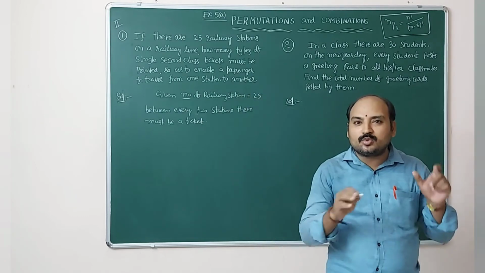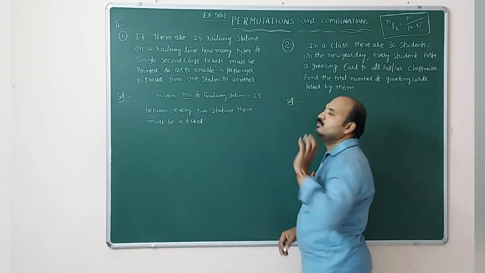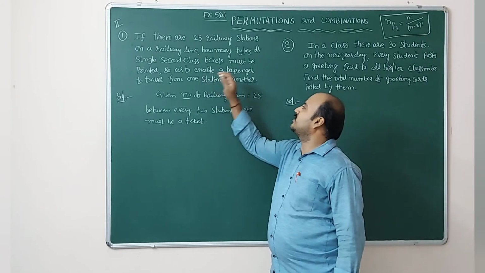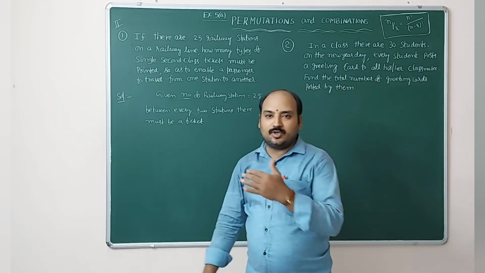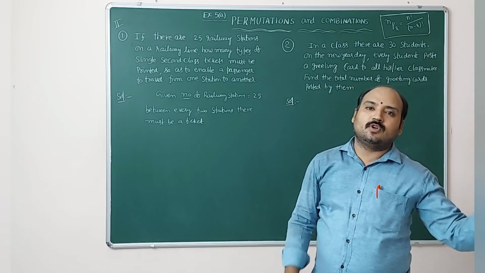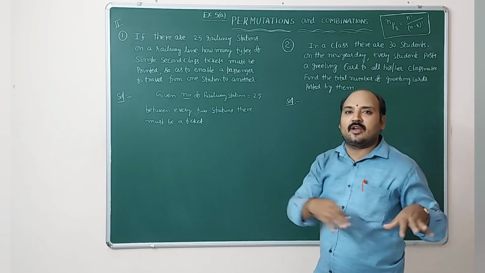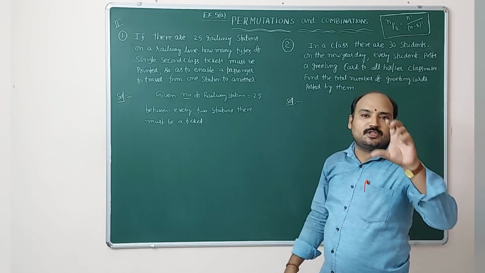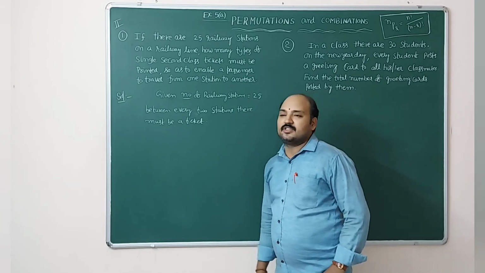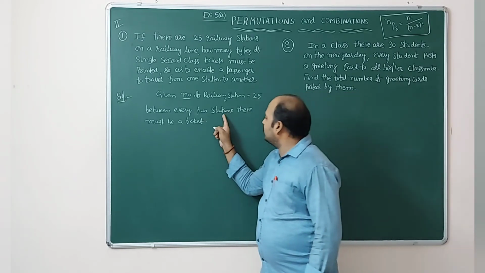So that means out of 25, we need to arrange two stations from one station to another station. So here we are starting and in another one station to another station. Out of 25 stations on the railway line, we need to arrange two railway stations. Must be a ticket. It should be a ticket from one station to another.